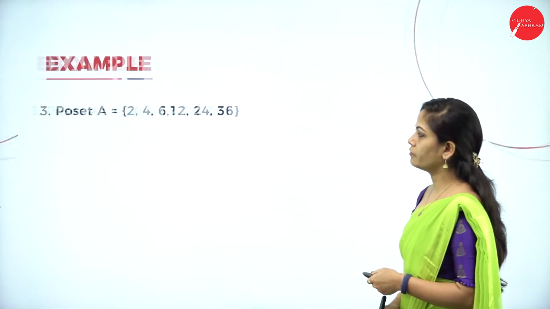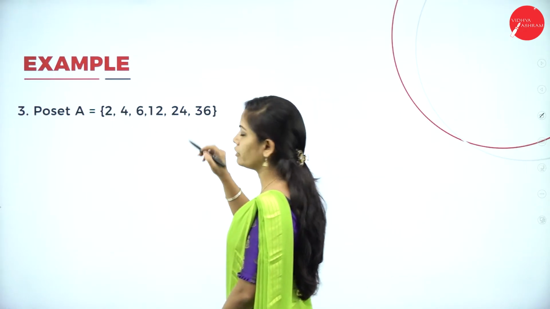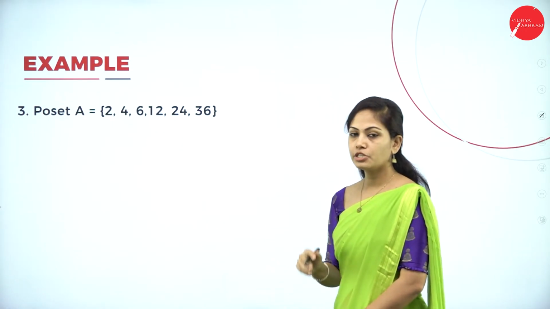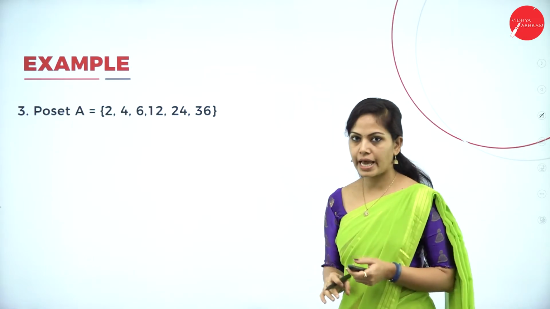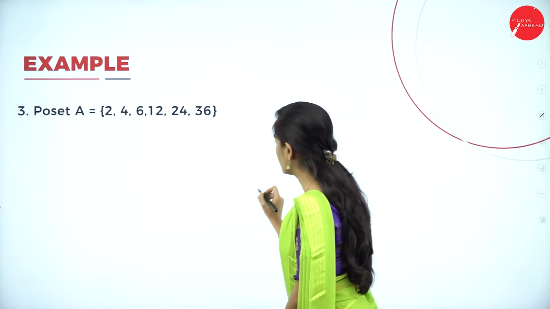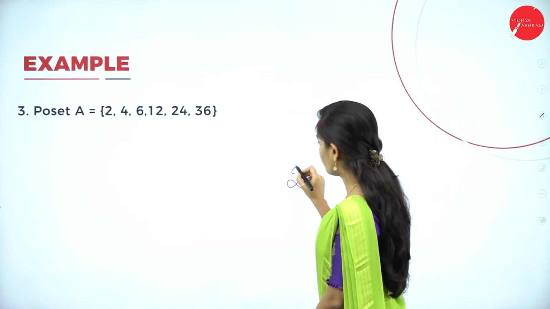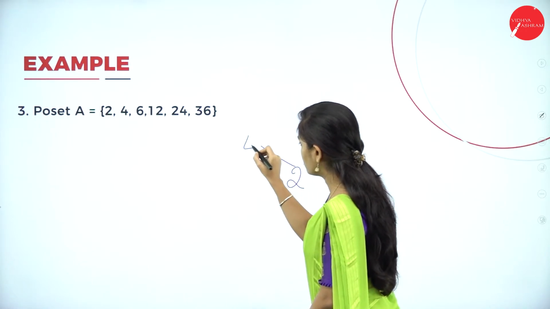And the next question we have poset A equals 2, 4, 6, 12, 24 and 36. So here you have to draw a Hasse diagram. So I will draw a Hasse diagram for this. First element is 2 and the next element is 4. 2 can divide 4, right?